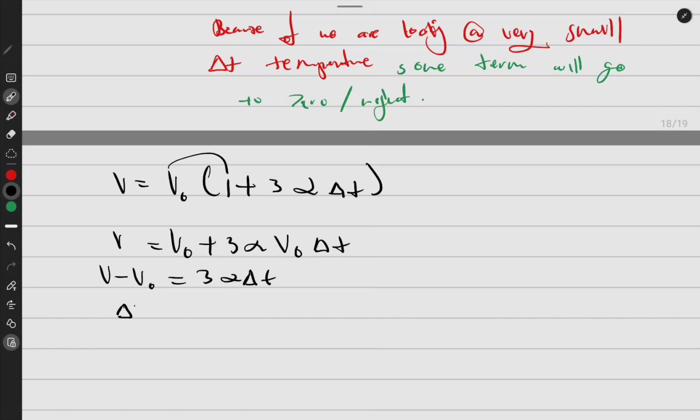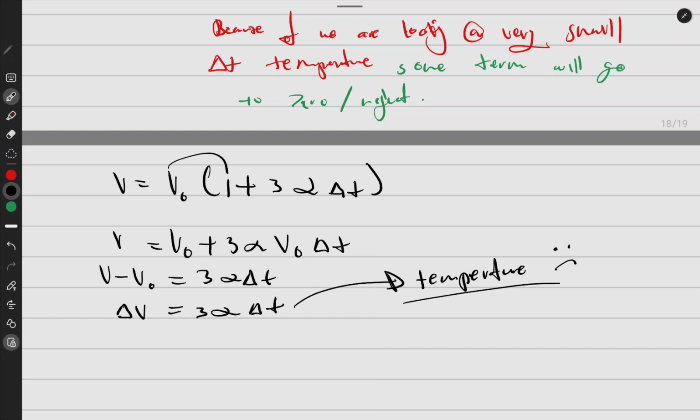So now this is going to give me my change in V is equal to 3 alpha V naught change in temperature. Let me just write it for me now. This is for me because I don't listen. Okay, that's good.